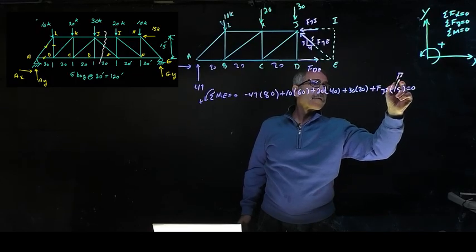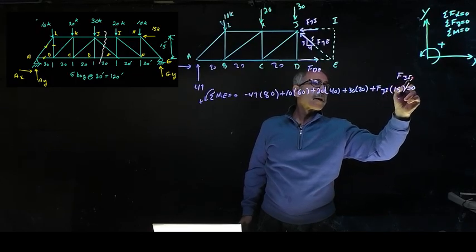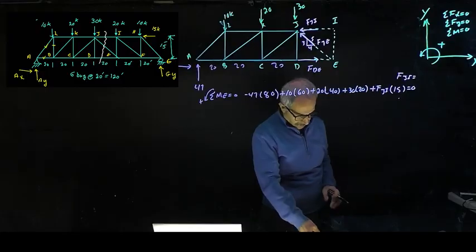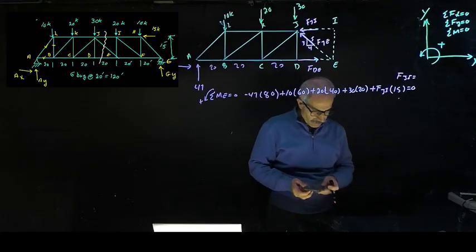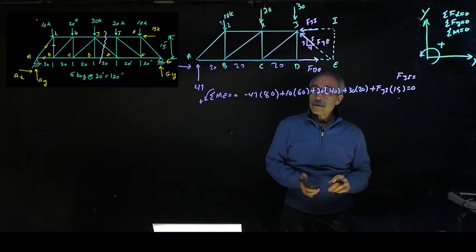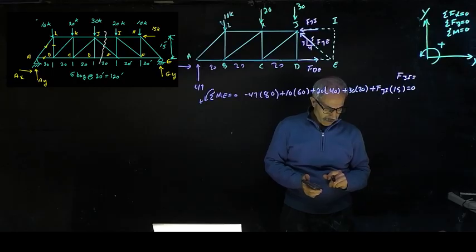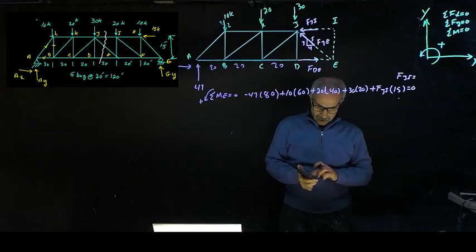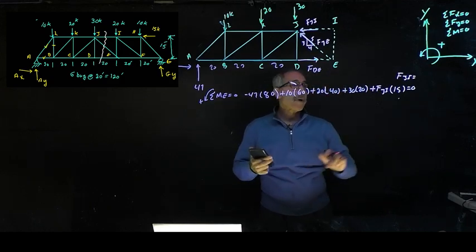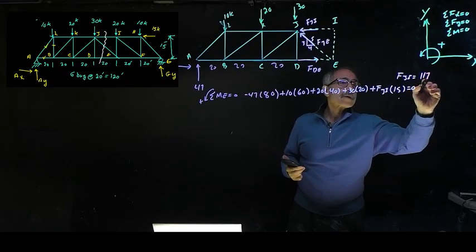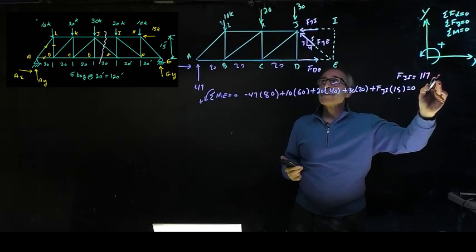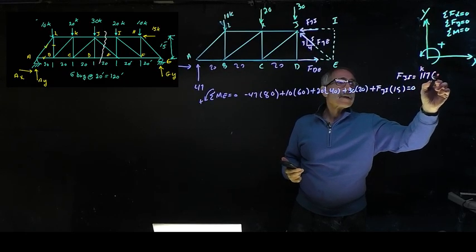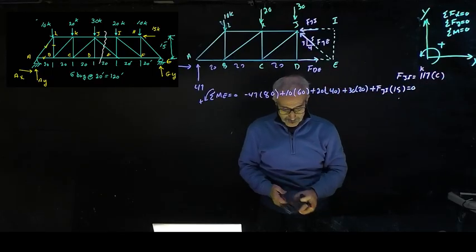And F of JI comes out to be, okay, positive 117. I think those are kips anyway, so 117 kips in compression. That's it. So this member is already solved.